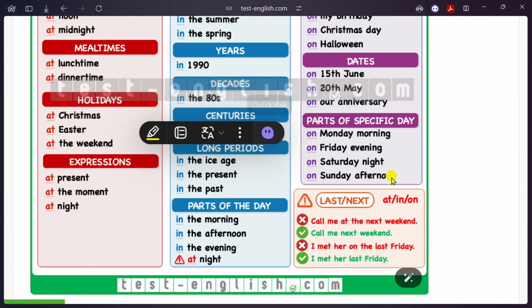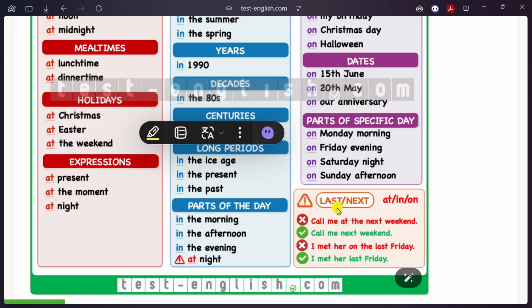So, you see, when you're using last or next, for example, next weekend, last Friday, next Friday, then you don't put a preposition. Call me next weekend, not call me on or at next weekend. You see, at the weekend.